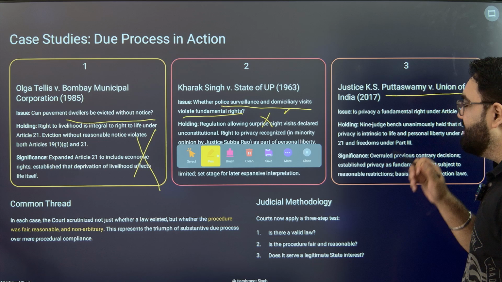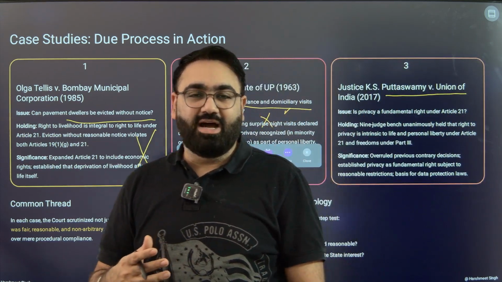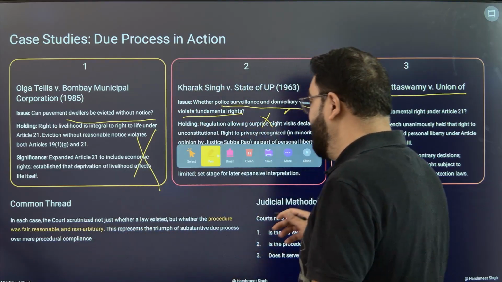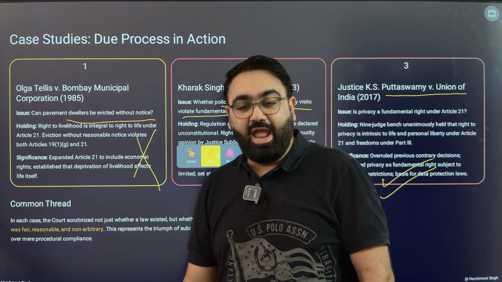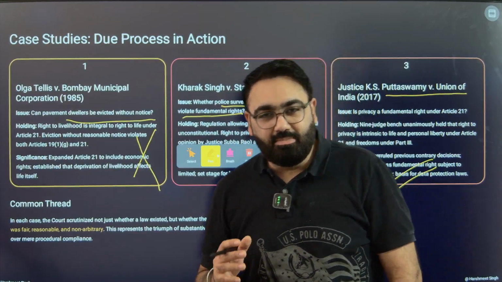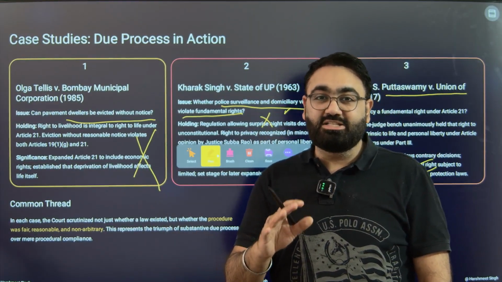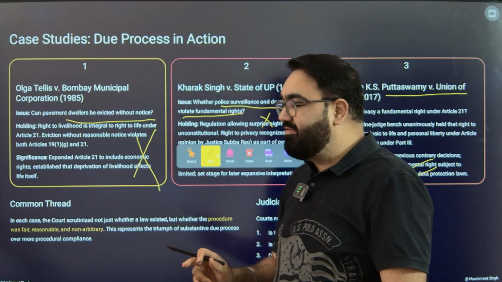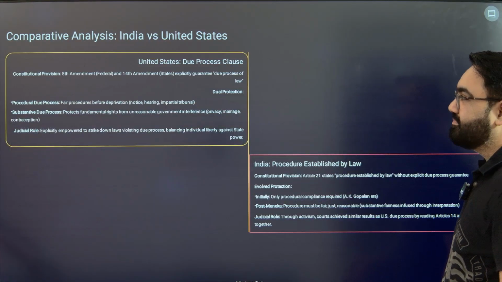K.S. Puttaswamy case, where the questions were about Aadhaar, the government not being able to preserve Aadhaar data. Again, the Supreme Court said that right to privacy is a part of fundamental rights. All these are examples where the Supreme Court expanded Article 21 using the due process of law, underlining the fact that all the laws related to Article 21 should not just be as per the procedure, but should be fair, should be just. Otherwise, they can be struck down by the judiciary.